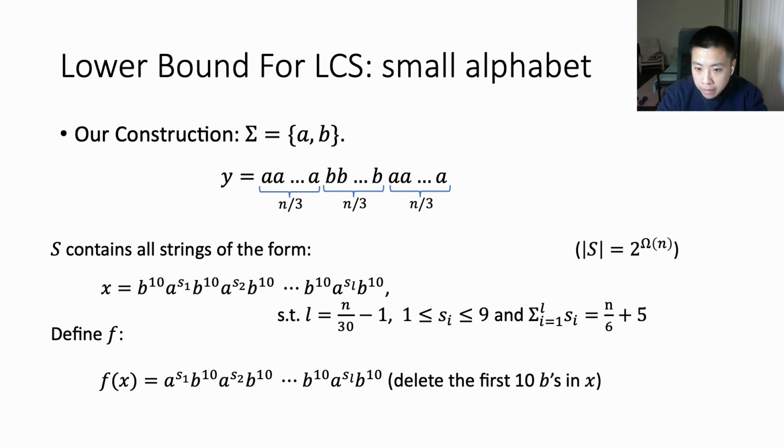Each block of A's has length at most 9. We require that there are n over 30 minus 1 blocks of A, and the sum of lengths of A blocks is n over 6 plus 5. It can be easily shown that the size of such set S is 2 to the omega of n. We also define the function f to simply delete the first 10 bits of x.